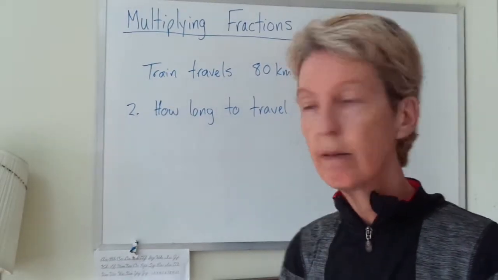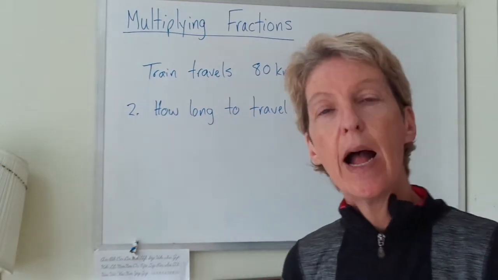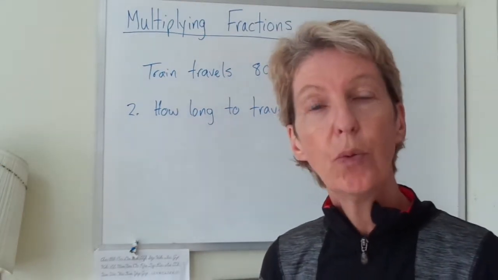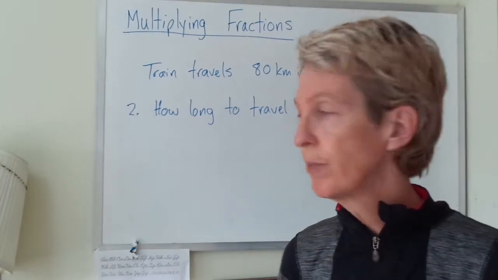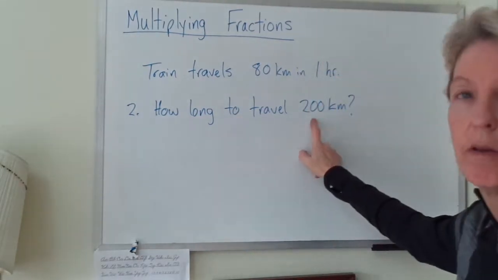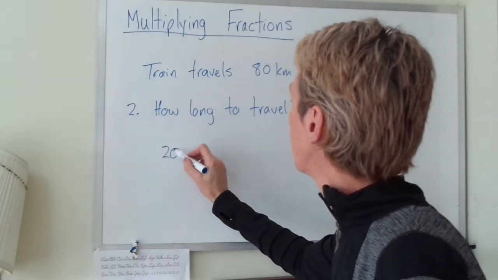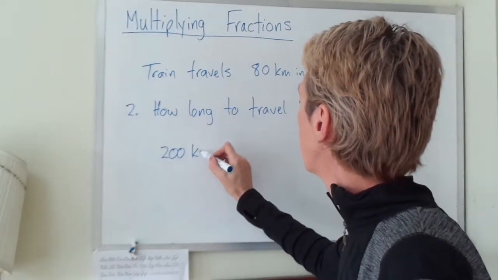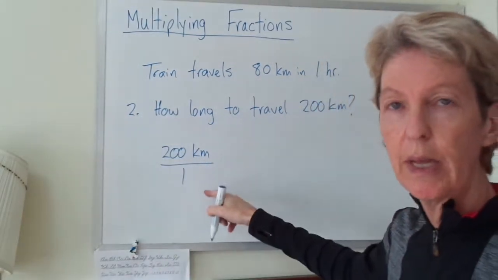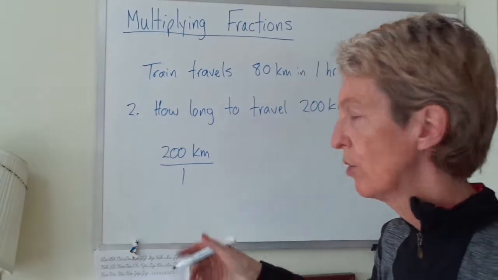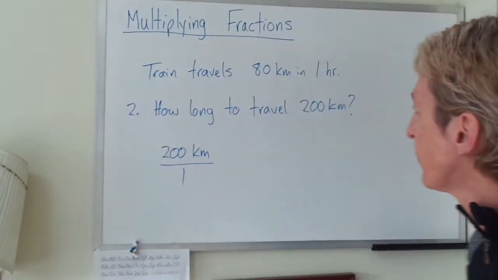What are they asking? How long? They're asking about time, so we know our answer must be in hours. The distance given is 200 kilometers. Just to make it practical for ourselves, let's give the 200 a denominator of 1.